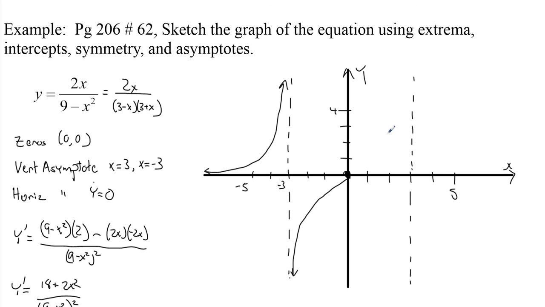So it's either above the x-axis or below the x-axis. There's no in between there. So I just pick a value. I'm going to pick 1. If I plug in 1, 1 times 2 is 2. That's positive. 1 squared is still 1. 9 minus 1 is 8. That's positive. So I get positive divided by a positive. This thing is positive. It has to go up like this.